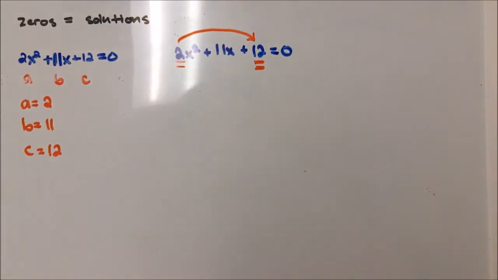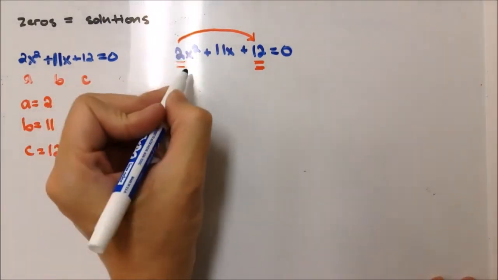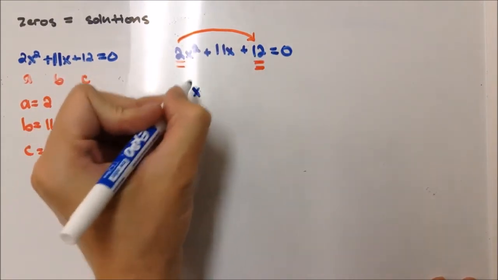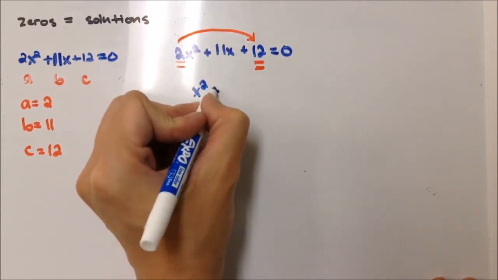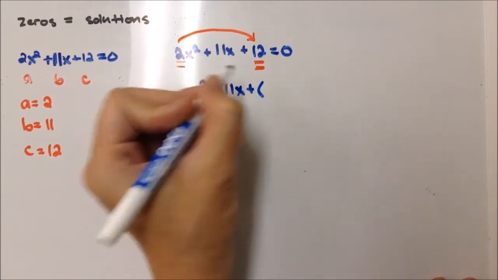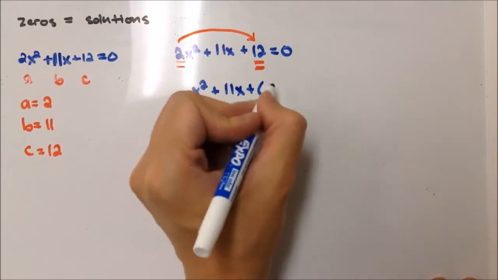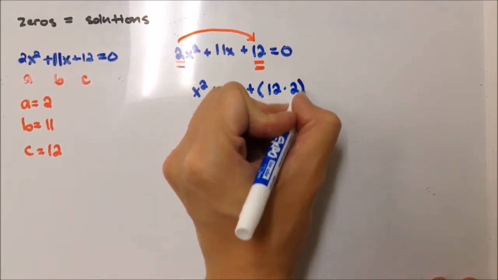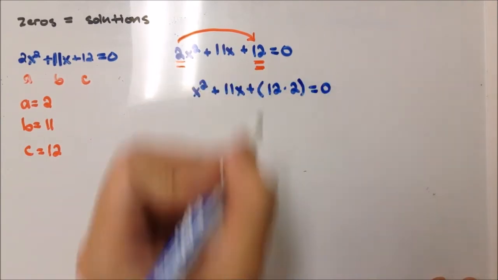So I'm going to rewrite it so you can visually see what you're supposed to do. Since we're going to slide the 2 to the 12, that means it should be x squared. Bring down the 11x plus, now I'm going to put parentheses because since we're sliding, it's going to multiply. So 12 times 2, close parenthesis, equals 0.